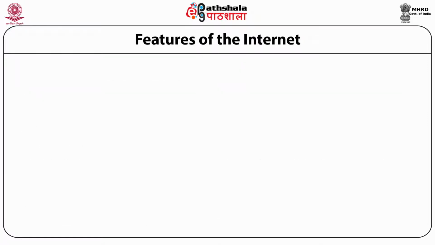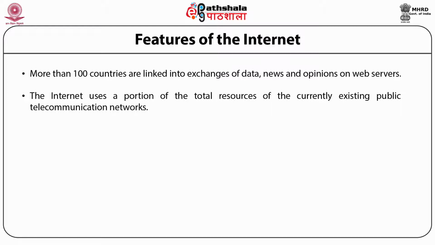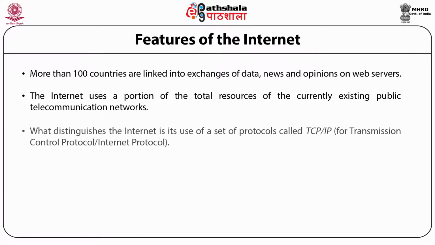The features of Internet. More than 100 countries are linked into exchange of data, news, and opinions on web servers. The Internet uses a portion of total resources of the currently existing public telecommunication networks. What distinguishes the Internet is its use of a set of protocols called TCP/IP, for Transmission Control Protocol and Internet Protocol.